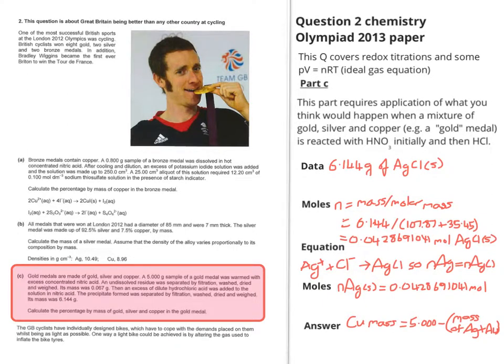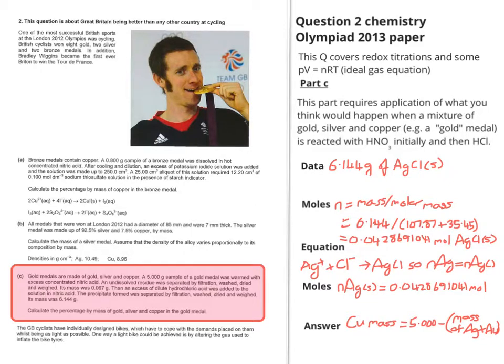So to work out the mass of copper, first of all, you need to take the total mass of your medal or your sample, and from that take the mass of the silver and the mass of the gold. Now it said an undissolved residue is separated by filtration, washed, dried and weighed, and its mass was 0.067. You can assume that the gold is that, because gold is the most unreactive out of the metals, which leaves us the difference, which will be the silver.